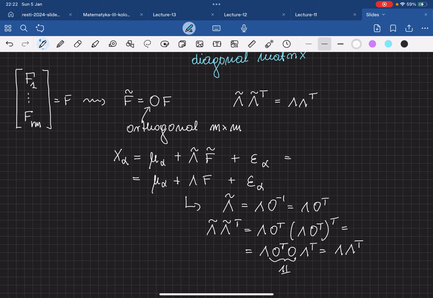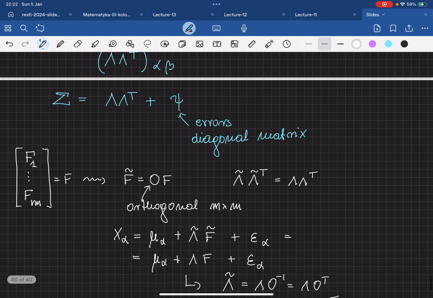It seems that there is a significant freedom in the definition of those factors that keeps the splitting of the correlation matrix into the part assigned to errors and this part associated to factors, that keeps it unchanged. And this means that once we define our factors somehow, because the process of extracting factors is just another matter.